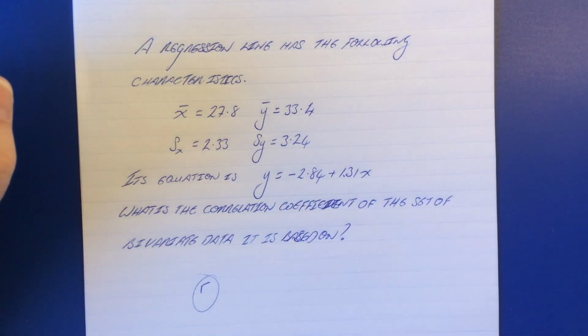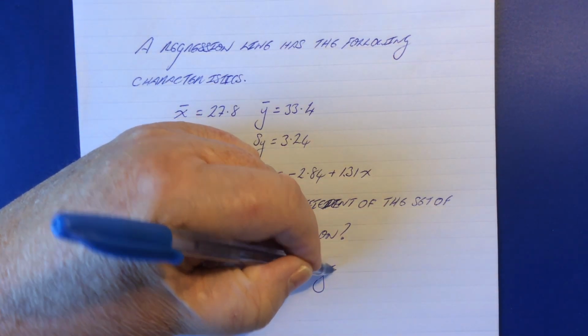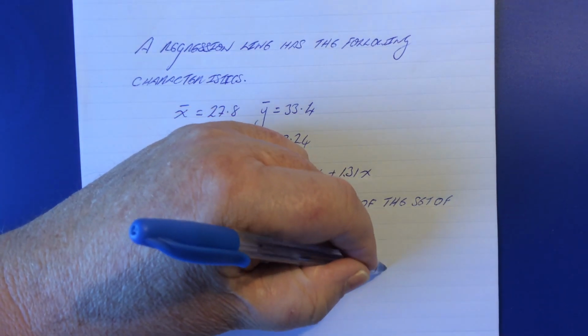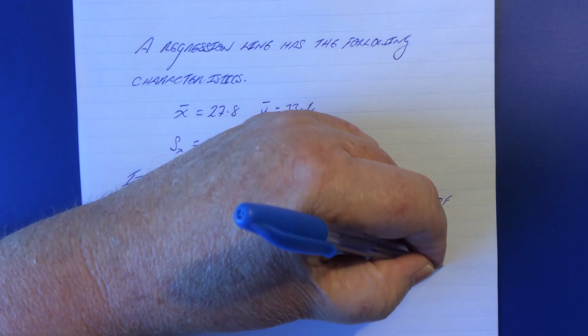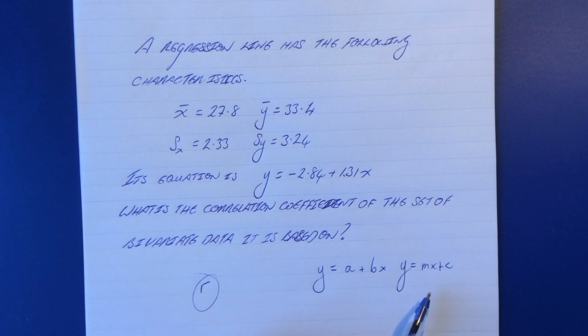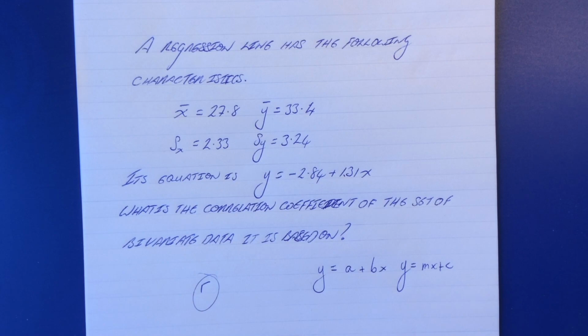And in order to find that, there is some information that you need to know. Now, when a linear equation, a regression line, is expressed in this form or in this form, there is a formula for finding both the y-intercept, either A or C in this case, and the gradient using these numbers and R, the correlation coefficient.